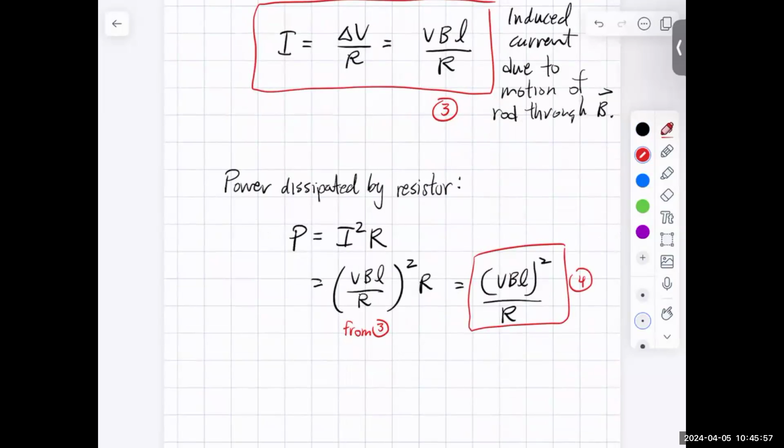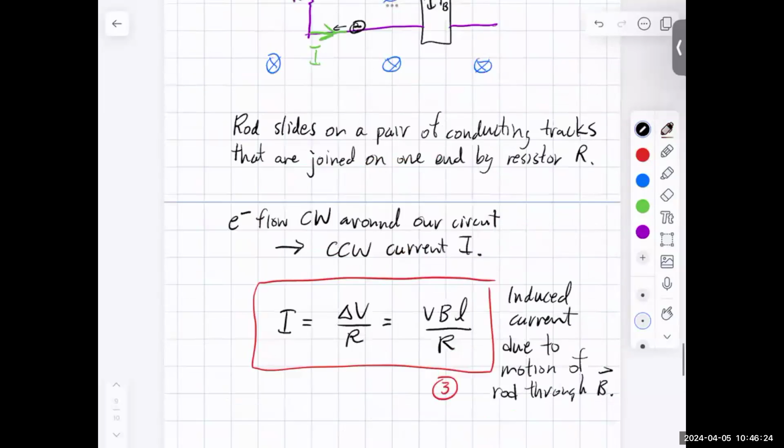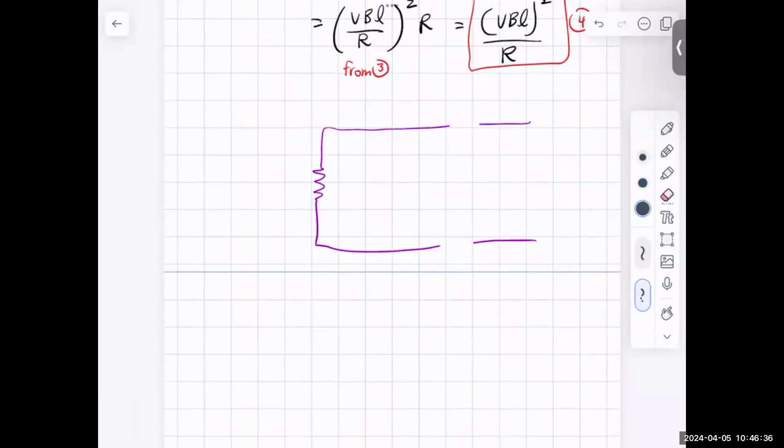So it seems like we now have produced some energy that we've provided to our circuit. That energy has to come from somewhere, and it comes from the work that we have to do to move the rod along these conducting rails. So let's go back and revisit our setup, where we had a conducting track. What color did I make my track? Purple. So we had a conducting track with a resistor, and then we had our rod, which we were sliding along this track.